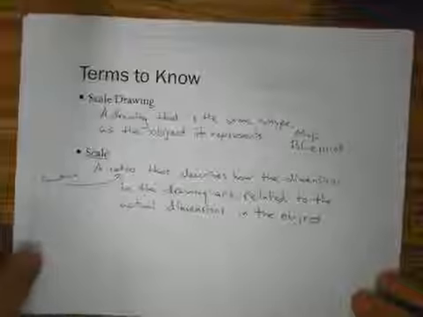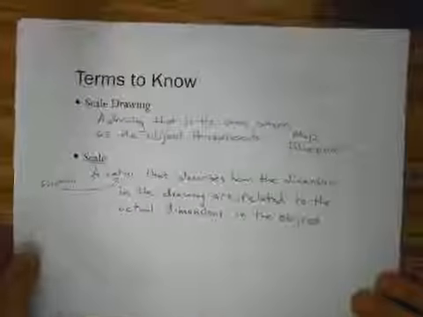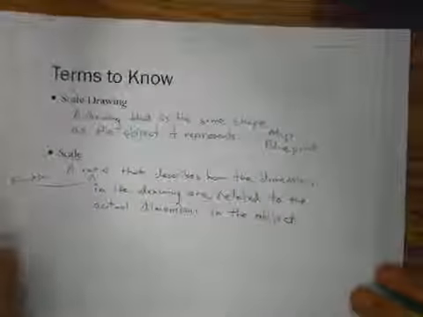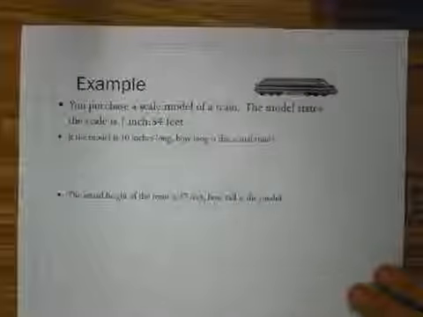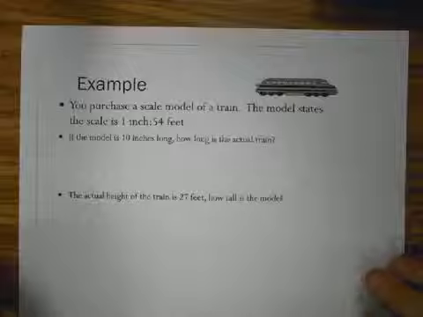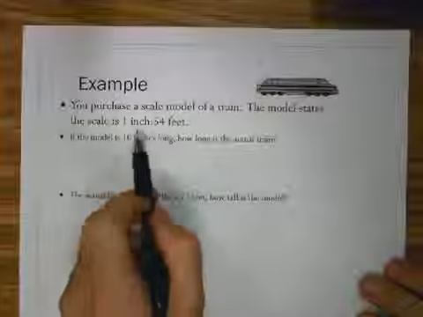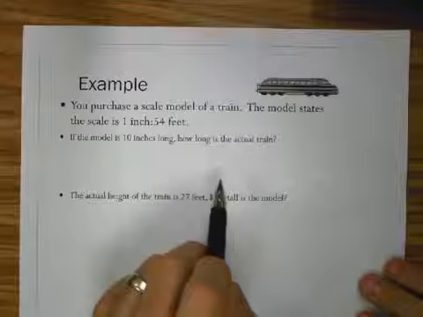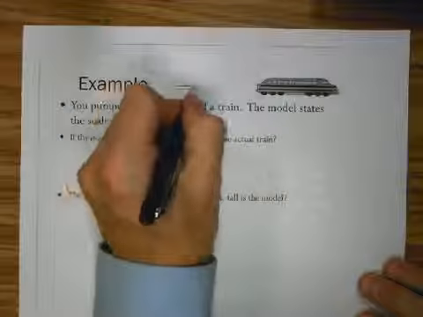So now this is that ratio that tells us how are we going to compare? Is it a 1 to 2, 1 to 5, 1 to 12? Maybe it's a 1 to 54. 1 inch on the scale drawing represents 54 feet of the actual object. Well, that sounds like a good scale to work with.